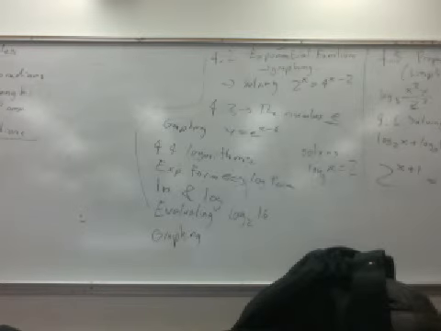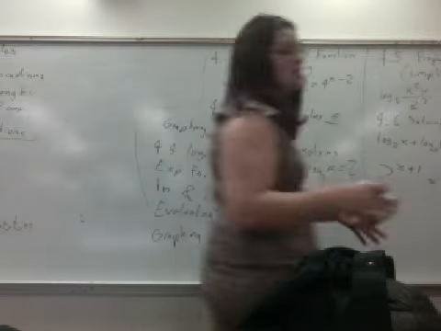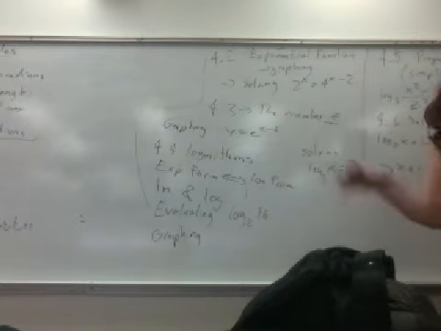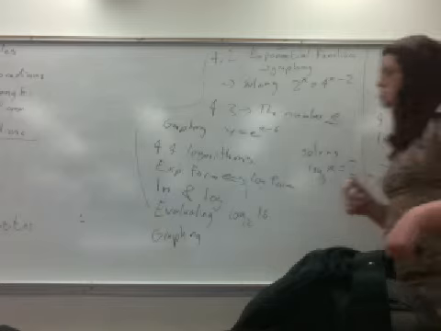I talked about the functions secant, cosecant, and cotangent, and how those are defined. I talked about the Pythagorean identities, like sine squared plus cos squared equals 1, secant squared is 1 plus tan squared, those sorts of things.